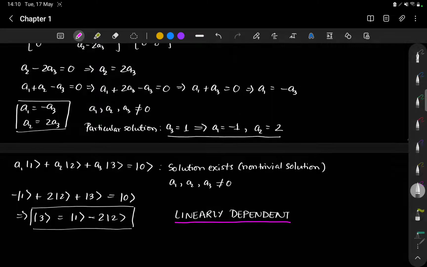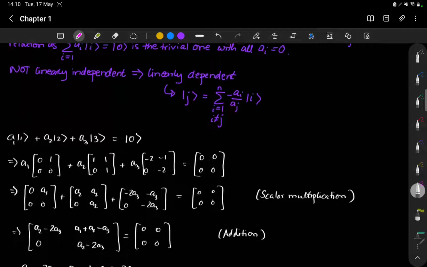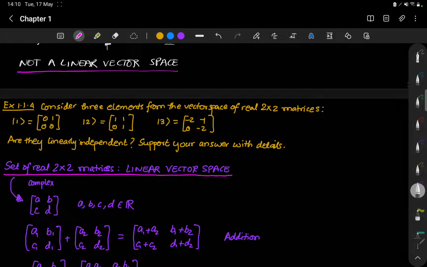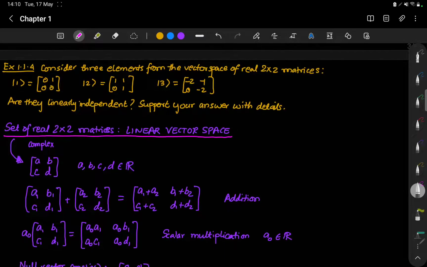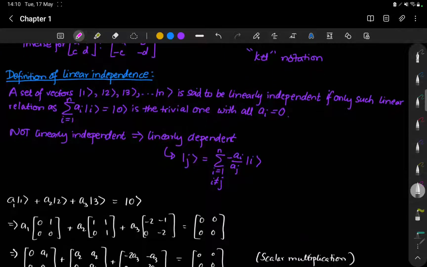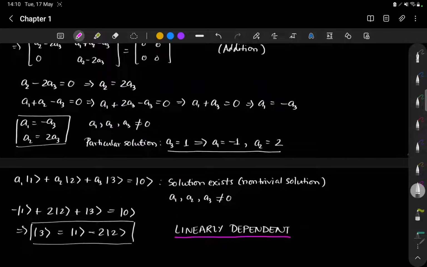So we have finally shown that these three vectors that we started off with are linearly dependent, and we have worked out all the steps to see that indeed they are linearly dependent.